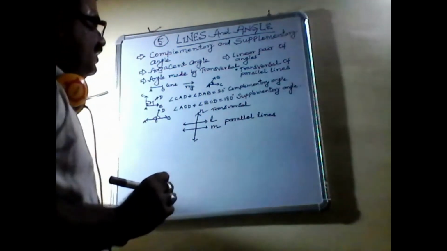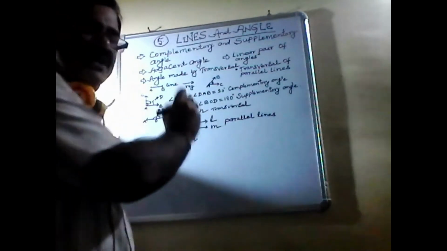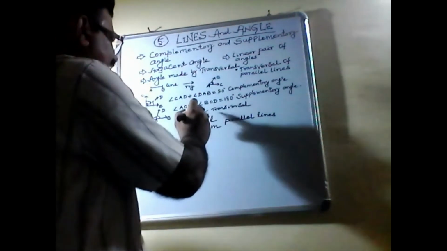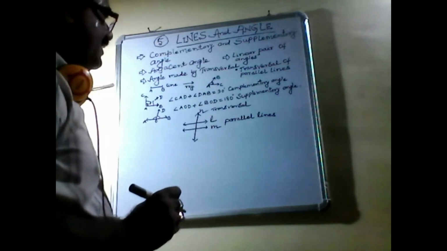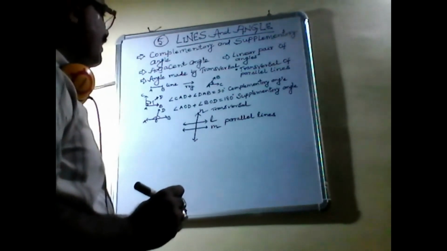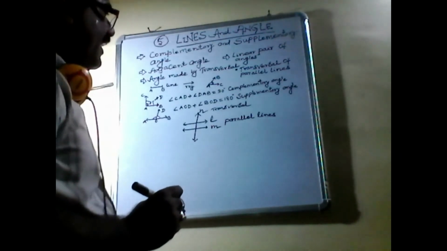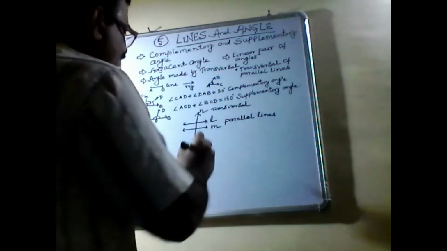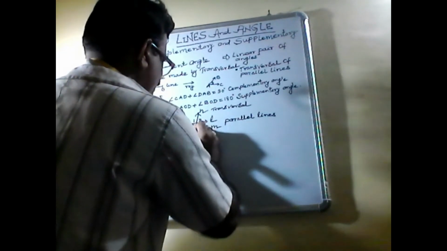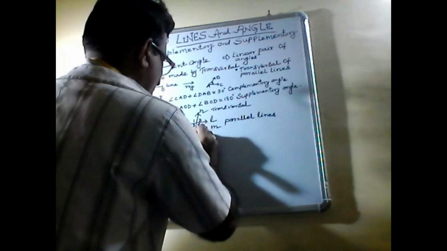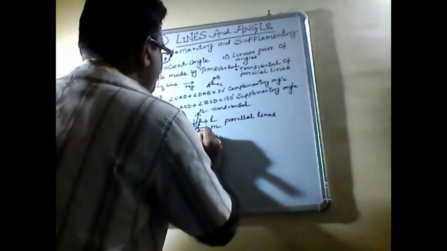Now think about the situation. Suppose L and M are two parallel lines, and N is a transversal line which intersects both the parallel lines. So what will happen? Angles will be formed. Suppose they are angles 1, 2, 3, 4, 5, 6, 7 and 8.